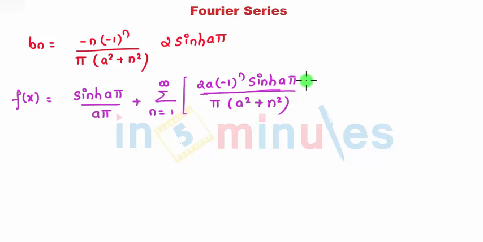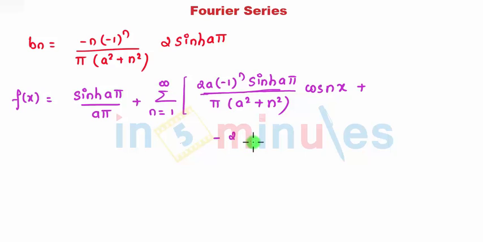So this multiplies with cos nx, plus my bn comes to be minus of 2n.